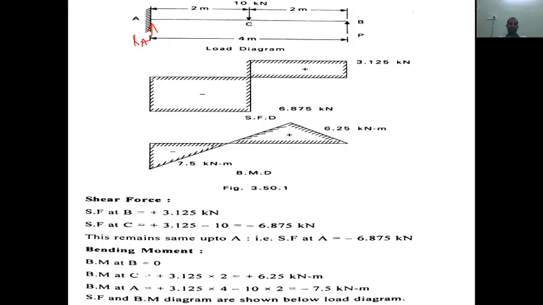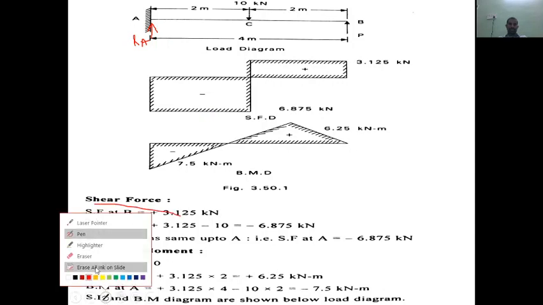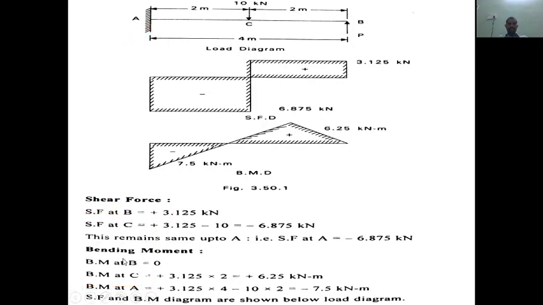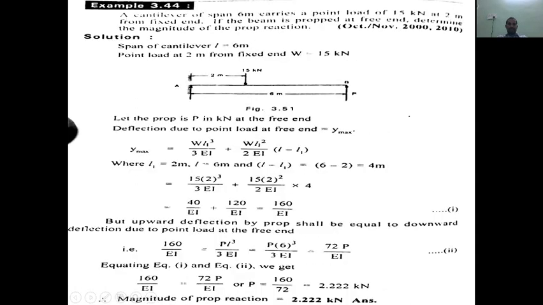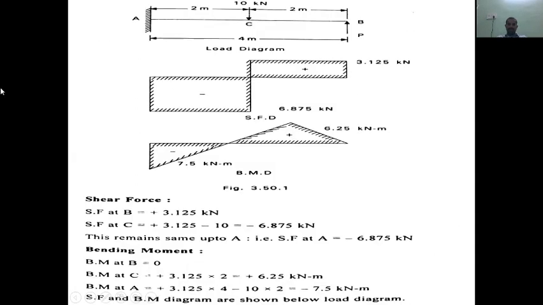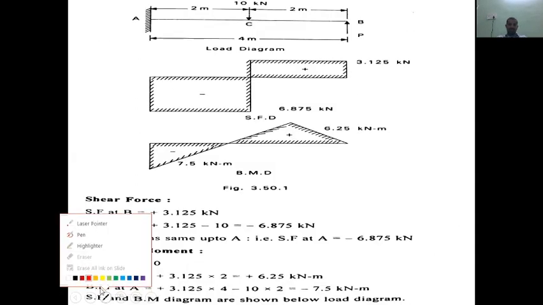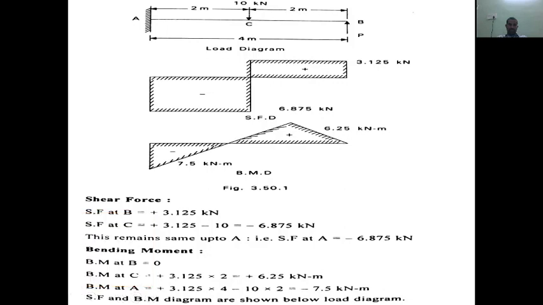This is completed now. Let us go to the next one, the bending moment diagram.